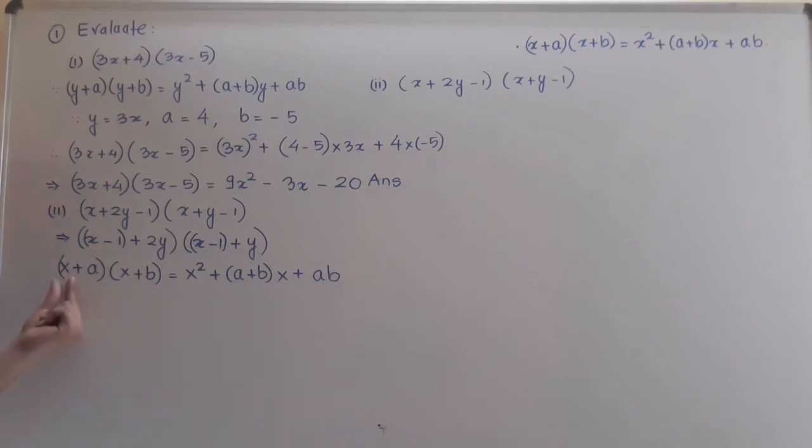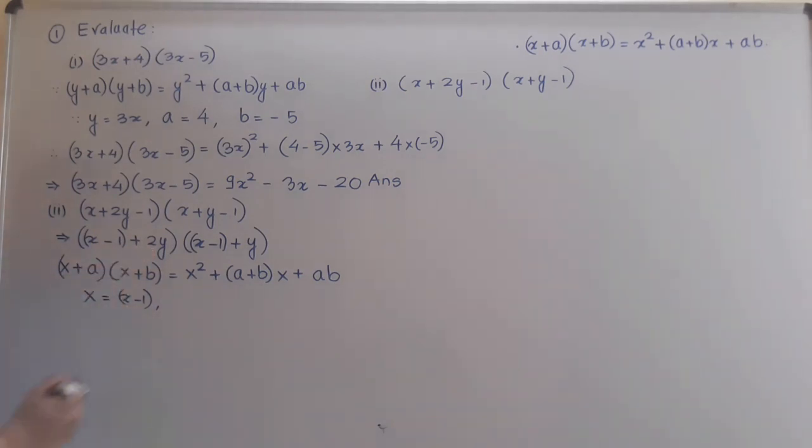So now you compare. Here who is my first term? Capital X. And here who is my first term? x minus 1. You observe, I considered x minus 1 as one term. So x minus 1 is coming here also, and x minus 1 is coming here also. So x minus 1 is the value of the first term, and according to the formula it will be the value of capital X. Similarly, now you compare the value of A. Here A is coming, here who is coming? 2y.